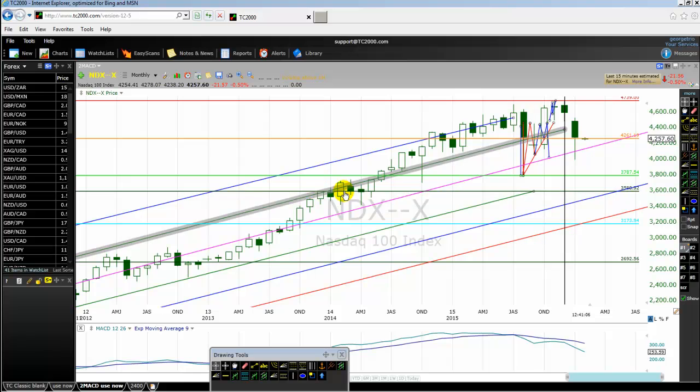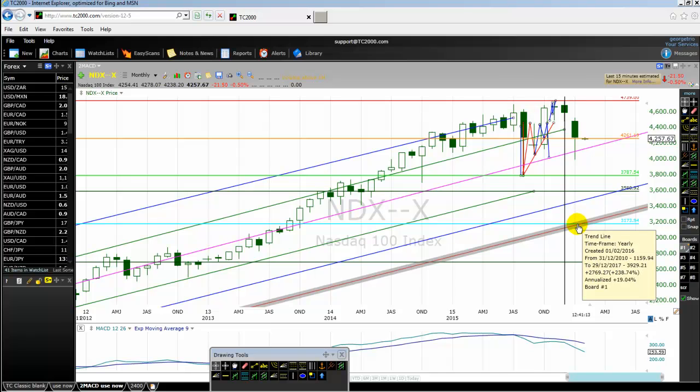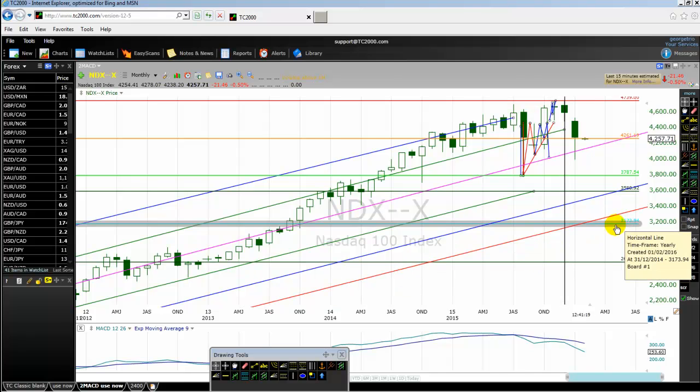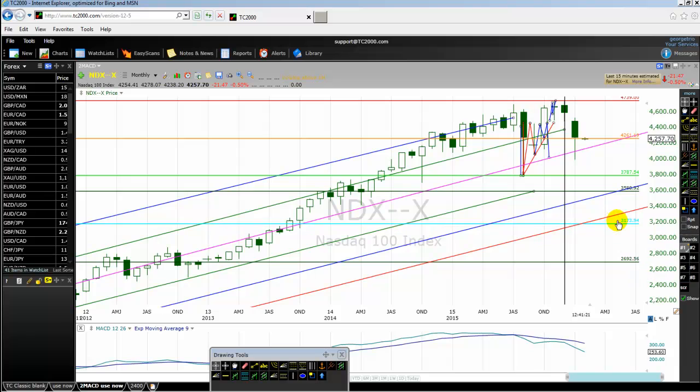That's not the exact level, but it's somewhere near the dark green line. The median line of 2013, I do not give the exact median line, is somewhere at 3173. That's the line here. It makes sense. And the low of 2013 is 2689, near this dark gray line here. Very, very important.